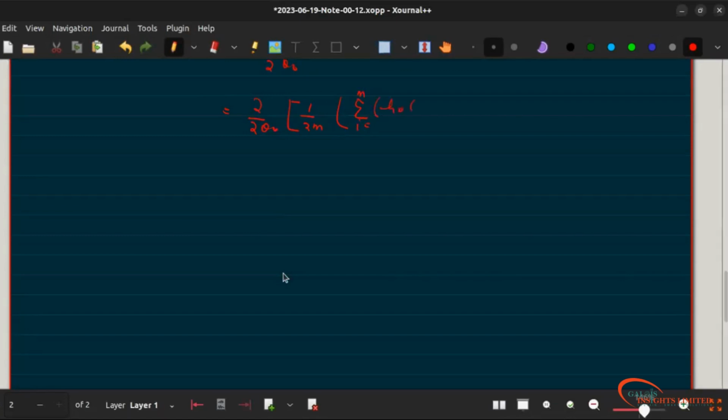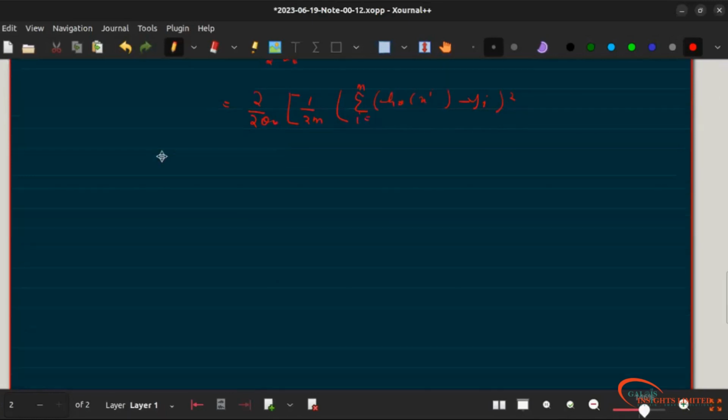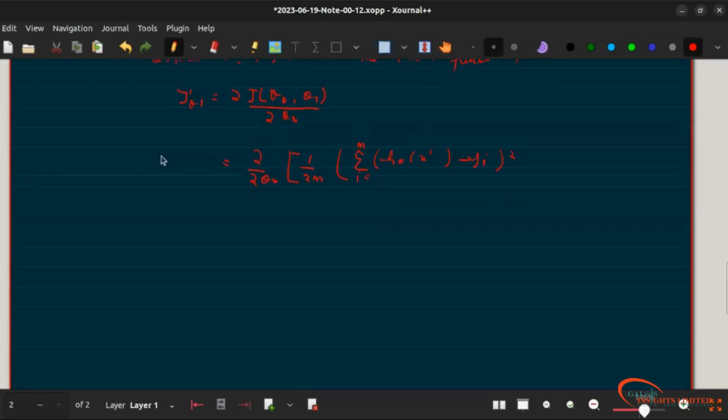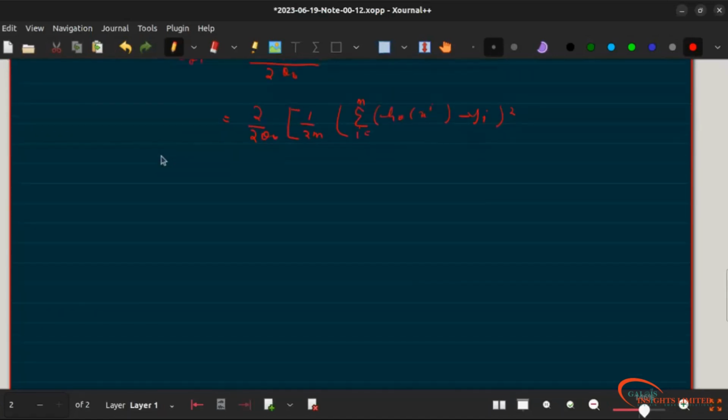multiplied by a function minus your actual values squared. So if you are taking the derivative of this, then you have to simply pull this constant out, the constant 1 over 2m, and simply come out.